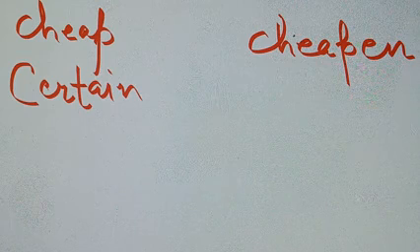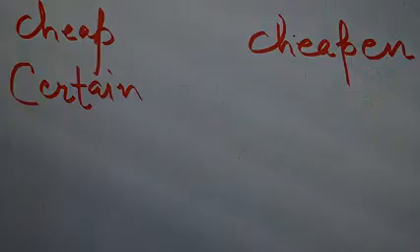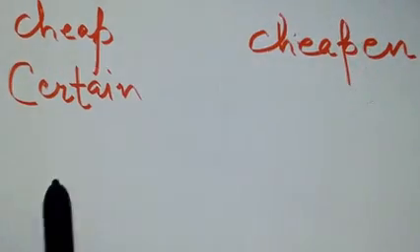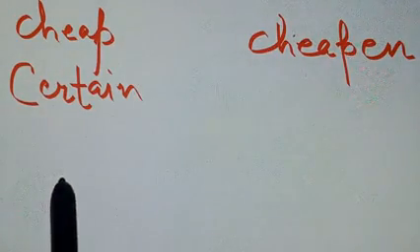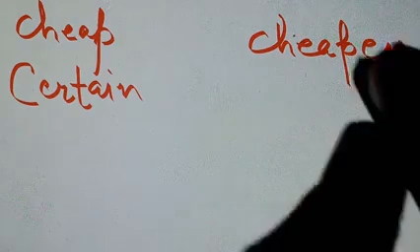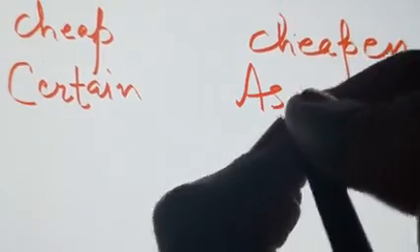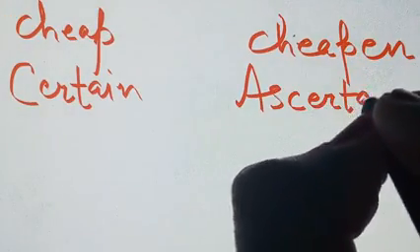Here it is the adjective describing the people, how many people I know. That's why I'm using the word certain as an adjective here. But if I have to convert it into a verb, what will it be? It will be ascertain.